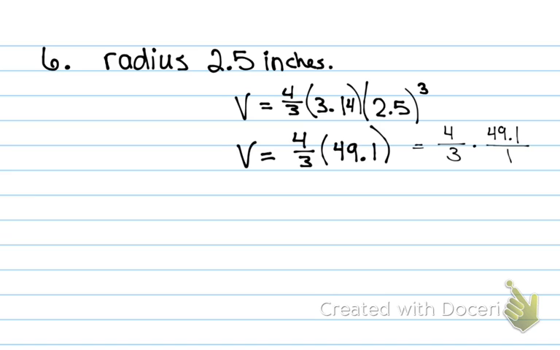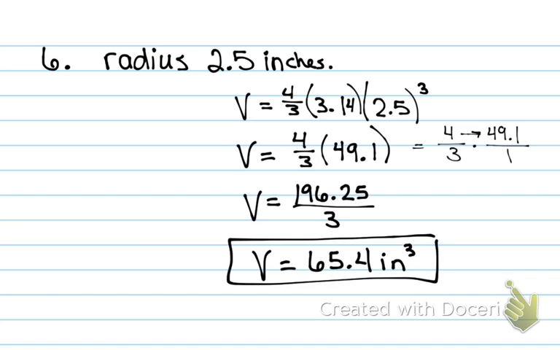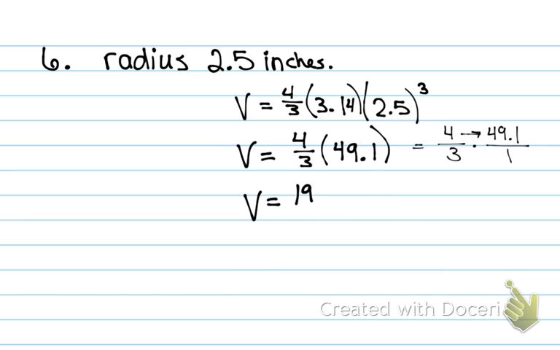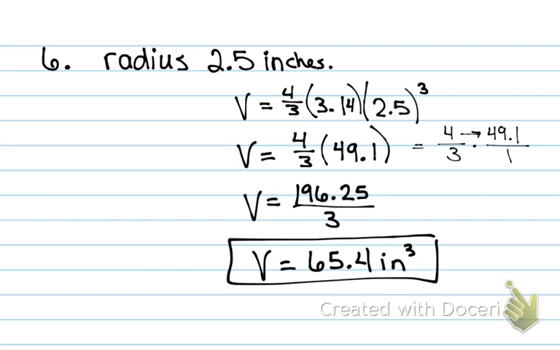So I'm multiplying 4 times 49.1, and that's 196.25. Then I'm dividing that by 3 to get to my answer, 65.4 inches to the 3rd power.